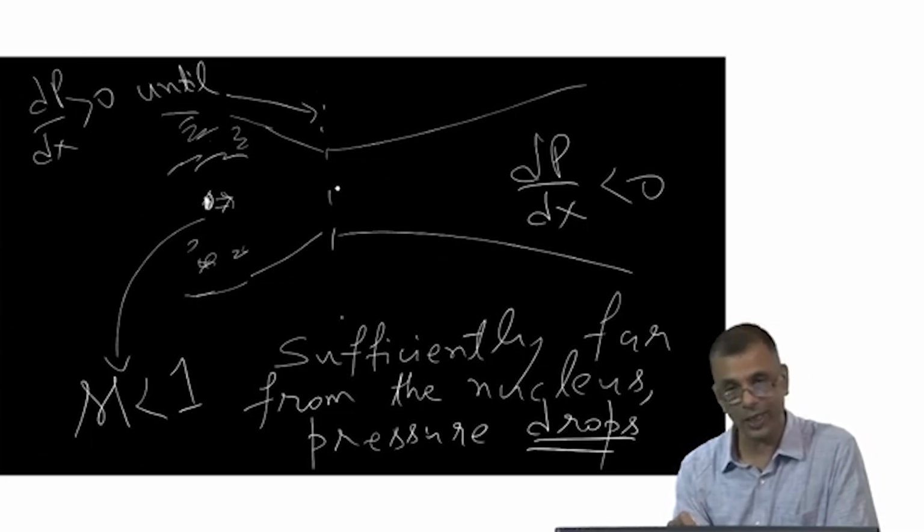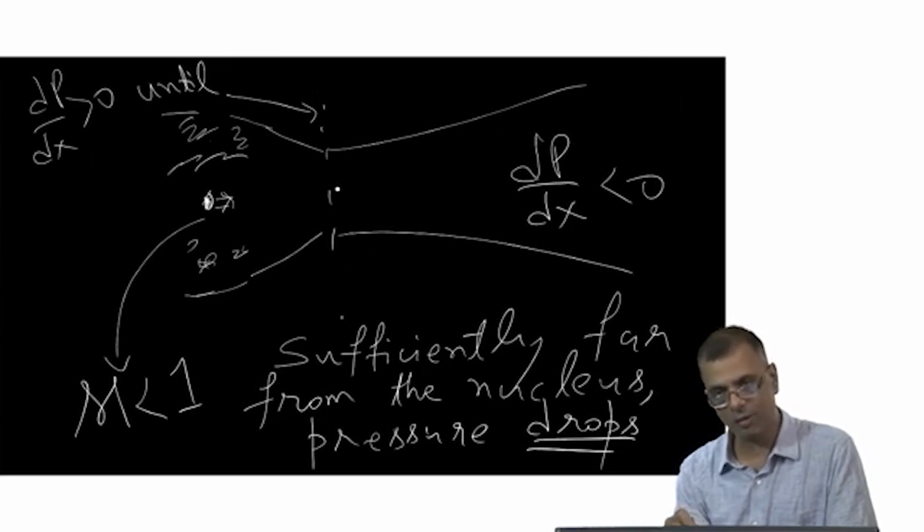To the right of the sonic point, the flow becomes supersonic. Once a flow becomes supersonic, dP/dx is less than 0, and that is as good as a diverging nozzle. And we know that a diverging nozzle serves to accelerate a supersonic flow.